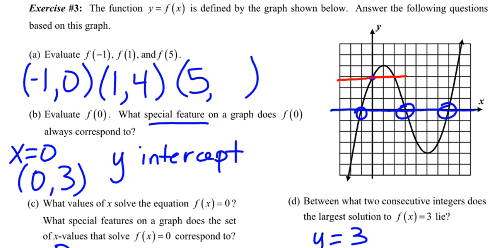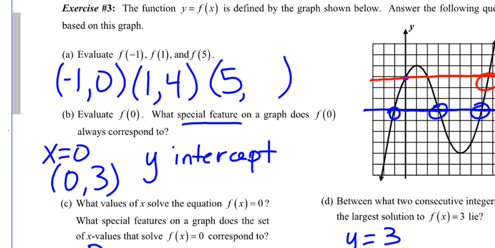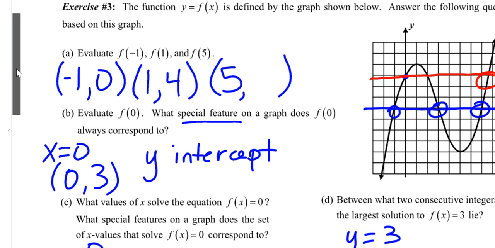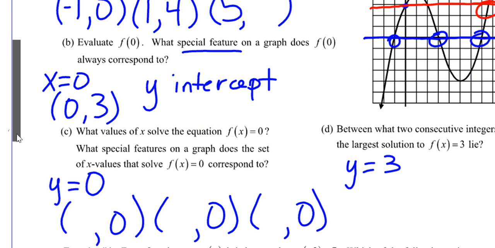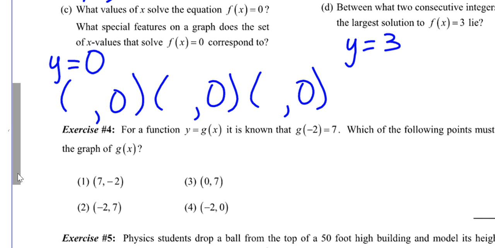When y equals 3, I've got 3 places where this function intersects that line. Okay, but the biggest one is going to be the one that's furthest out. But it's in between 2 numbers. So if you count all the way over there, you'll see that the 2 numbers that it falls between are 7 and 8.